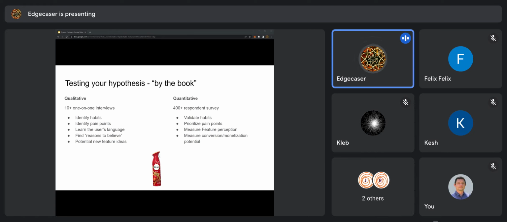So I put a can of Febreze cinnamon apple or clove apple there on the screen because I've heard a fun story about this.